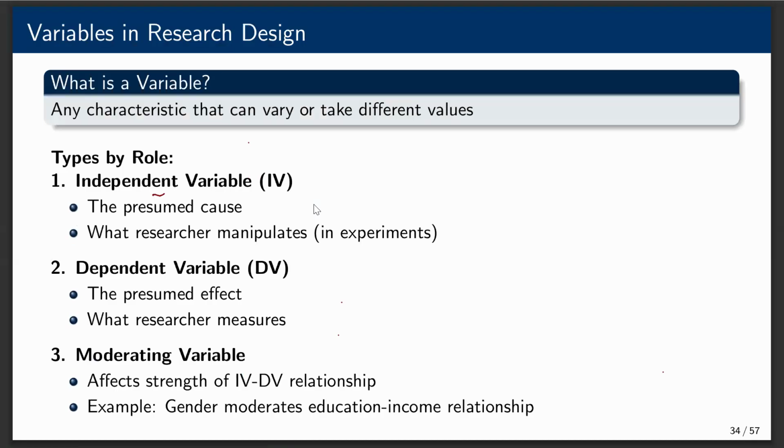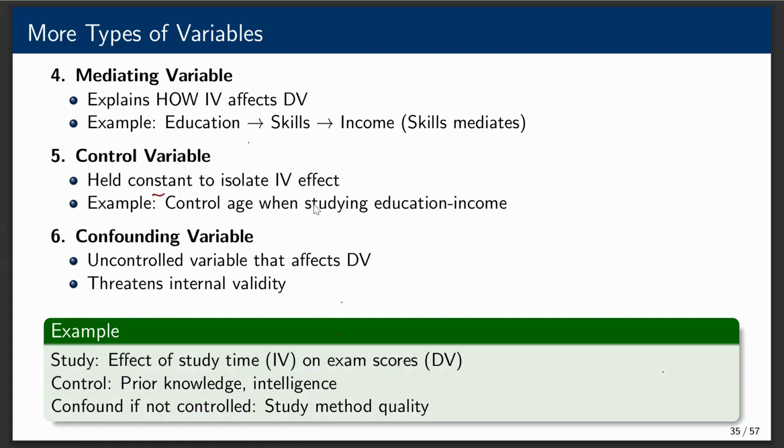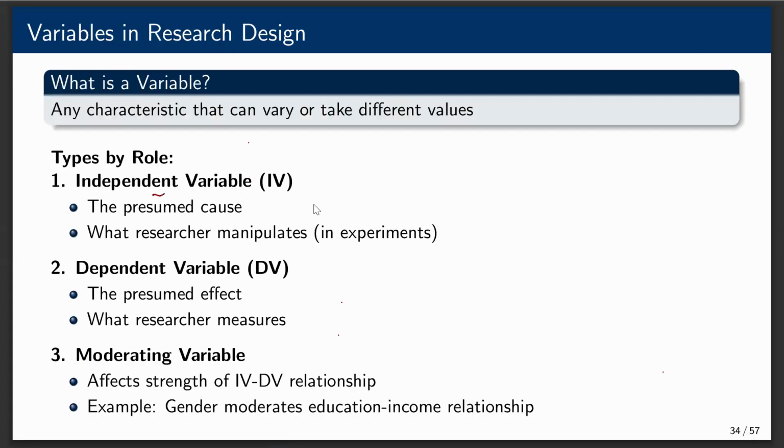Moderating variable, like for example, mediating. You have asked about mediating, right? So moderating, first you try to understand. Moderating means it affects the strength of the independent variable and dependent variable relationship.